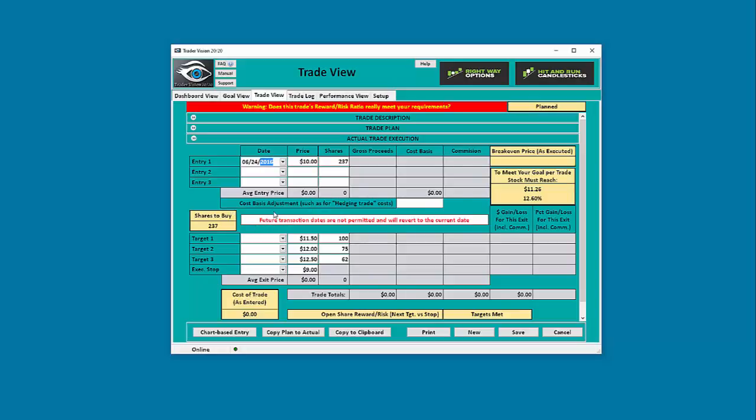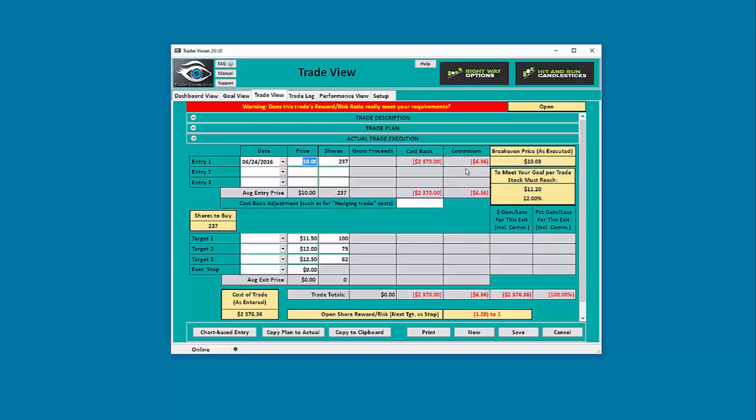As you do that, you hit enter or tab, and the data is then calculated. In this case, at 237 shares, we've got a $2,370 cost basis plus $6.36 in commissions based on what we have set up for this account.